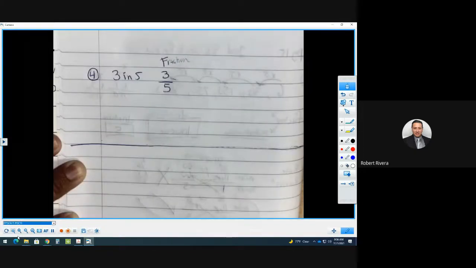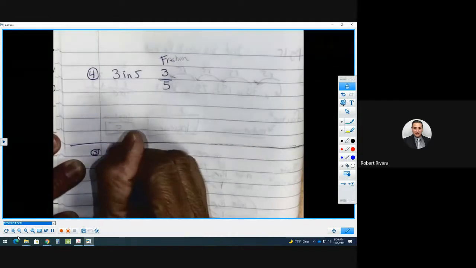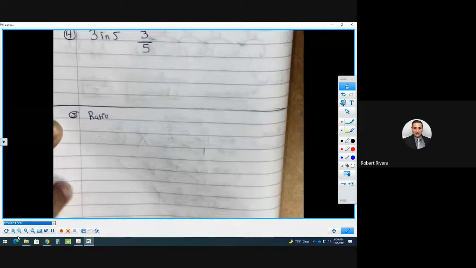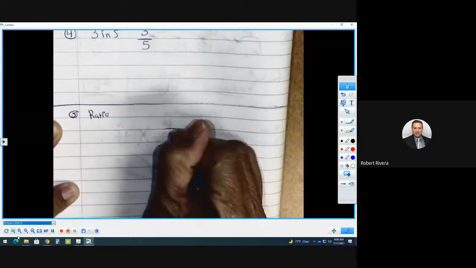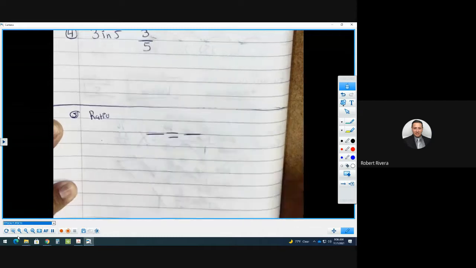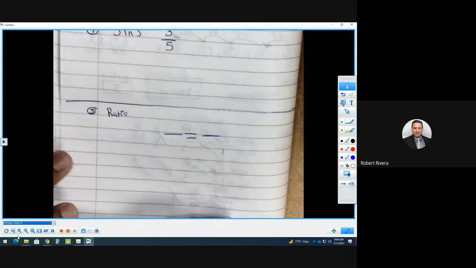Rápido, let me see what they're talking about, this is number 5. They're talking about ratio again. And what does Mr. Rivera want when they're talking about ratio? He wants a proportion. What is a proportion? 2 ratios that are what? The same, that they're equal. You can't forget that.